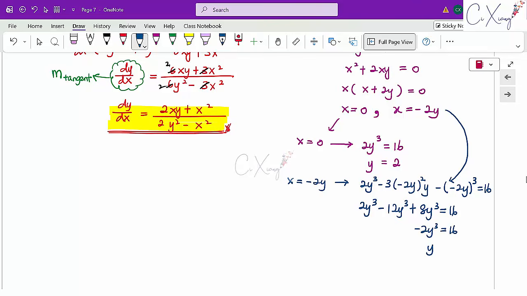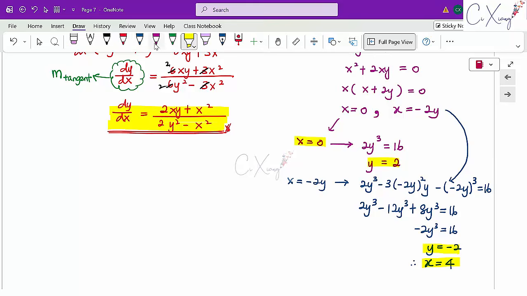So from here, very easily you will get y equals negative 2. And therefore, what's the value of x if y equals negative 2? Substitute negative 2 here, and you'll get x equals 4. So basically you get two points. The first point is x equals 0, y equals 2, and the second possible point is this one.